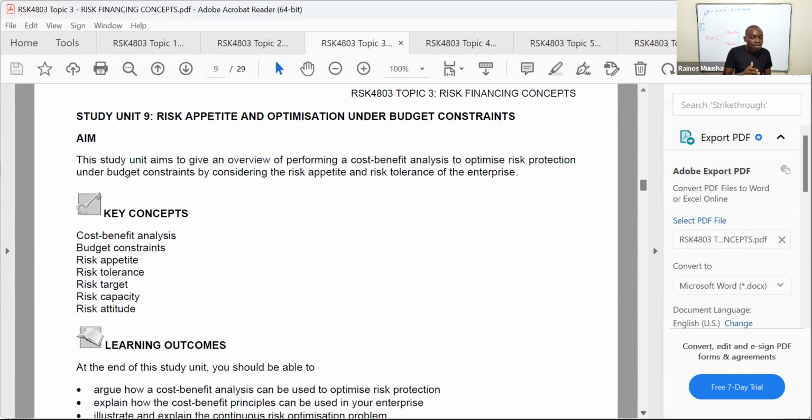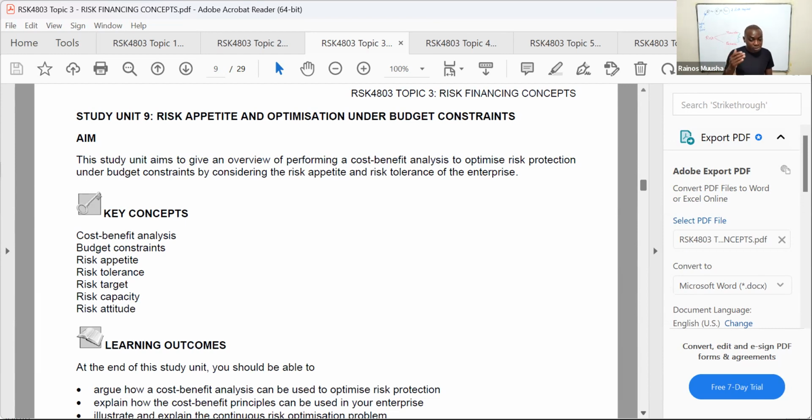So for insurance, to reach that point where you're able to maximize your benefits and minimize your risk and your costs, you need to pay a premium of what? 2,000 Rand. But we know that not everyone is able to afford that premium of 2,000 Rand, which means that there is now going to be a constraint which limits you from being able to reach that optimization level. So what are the implications of you having budgetary constraints?